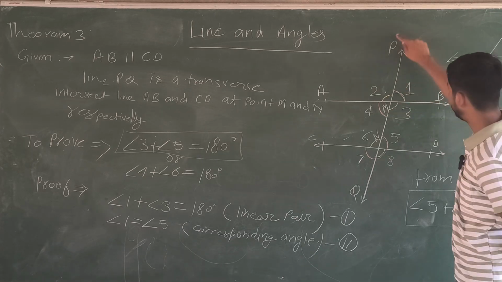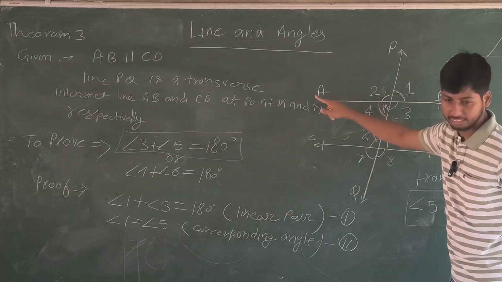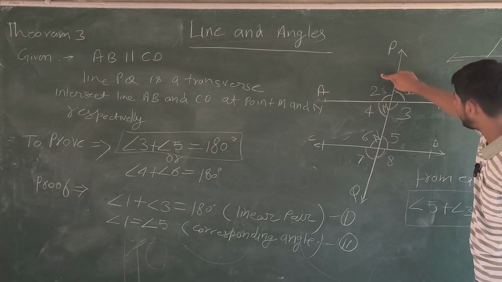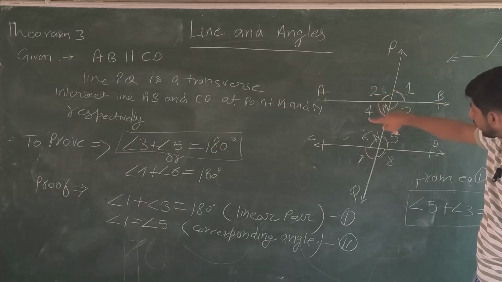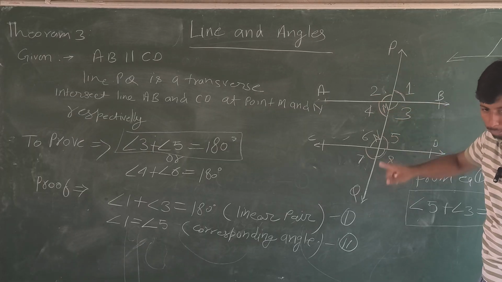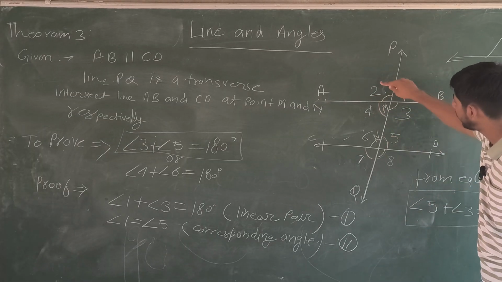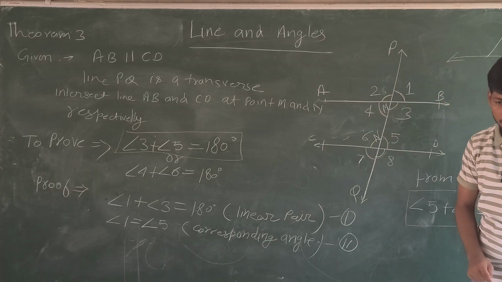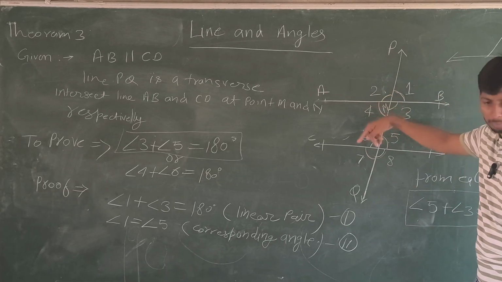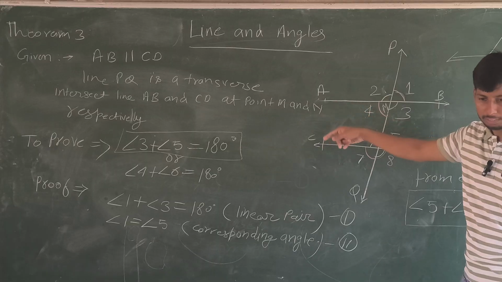Similarly, if we take this one as a line and MA is a ray, then by linear pair we can write angle 2 plus angle 4 is equal to 180 degrees, and by corresponding angles angle 2 is equal to angle 6. So we can replace angle 2 with angle 6.